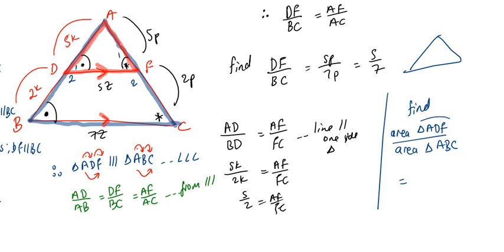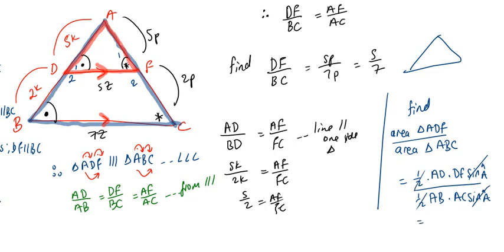So here you're going to say ADF. For ADF, you're going to say half AD times DF, right? Then you say sine of angle A. Whereas for ABC, you're going to say half of AB multiplied by AC. Then you say sine of angle A. Then this and that cancel.